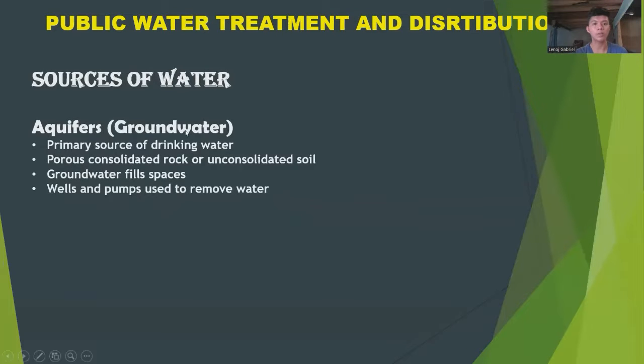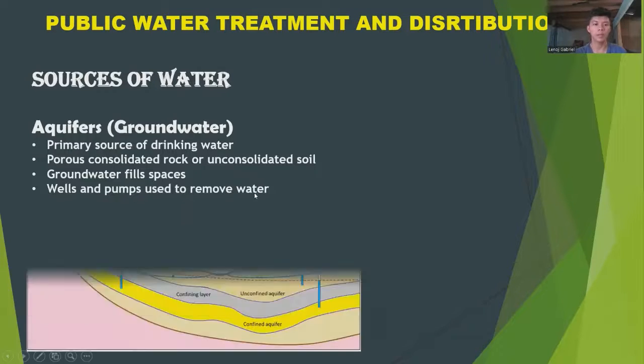So, sources of water. For example, aquifers or groundwater. The primary source of drinking water: porous, consolidated rock or unconsolidated soil, groundwater fills the space, and wells and pumps are used to remove the water.